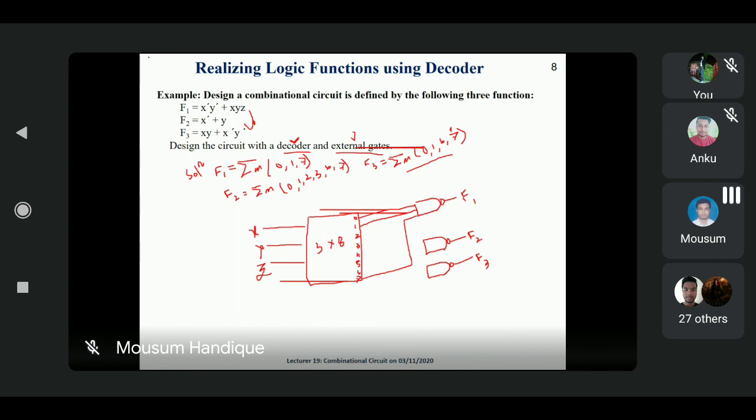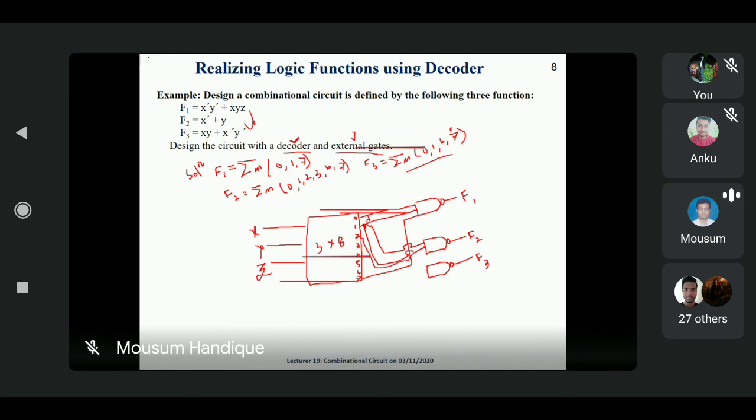And what are the min terms of F2? 0, 1, 2, 3, 6, 7. So this one is 0, this one is 1, this one is 2.